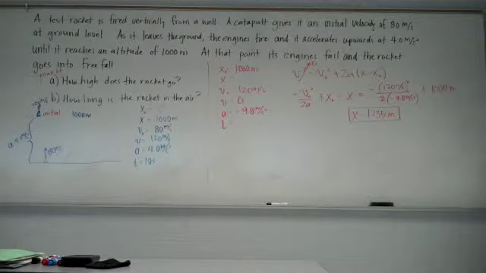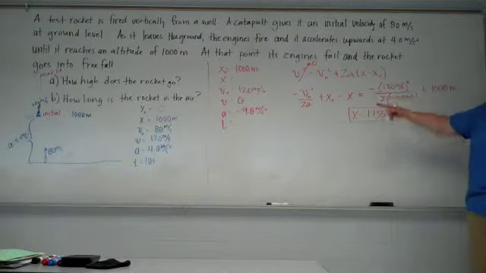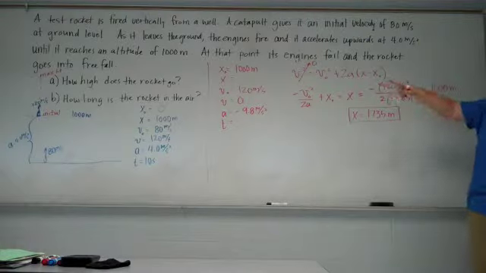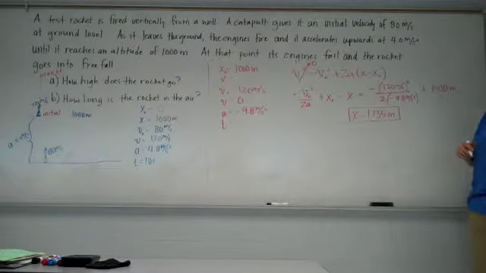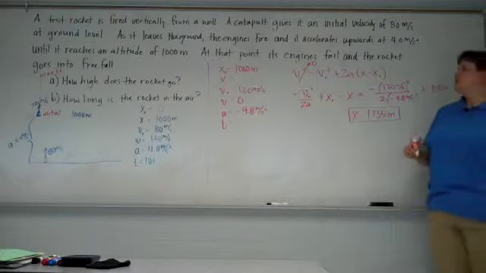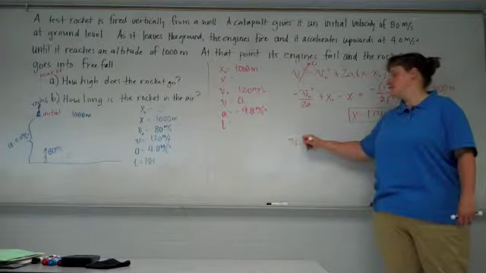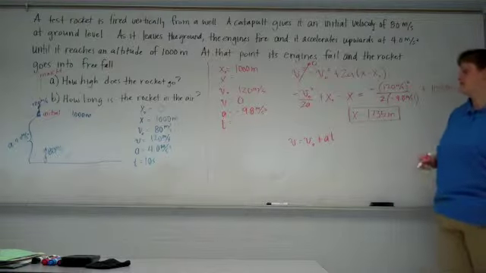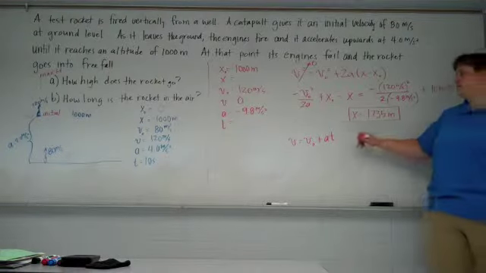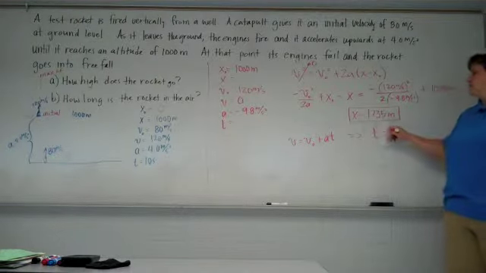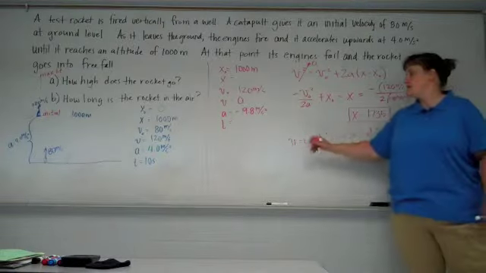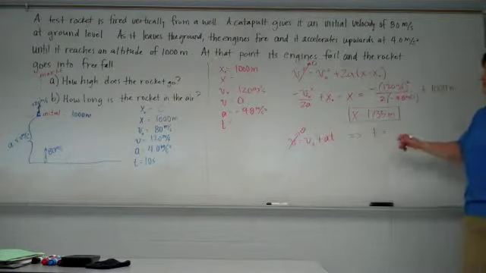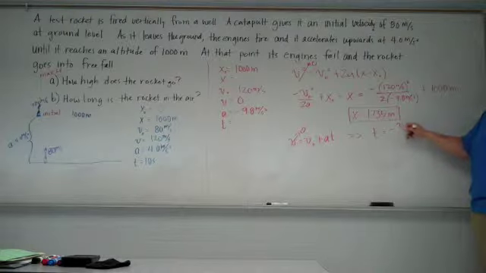So we know the maximum height. Let's find the time while we're at it, since we'll need to know that in terms of answering the second question. We can use our velocity equation to find the time. Our final velocity is 0, so our time will be negative v naught over a.